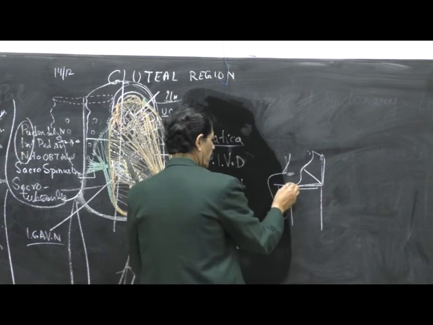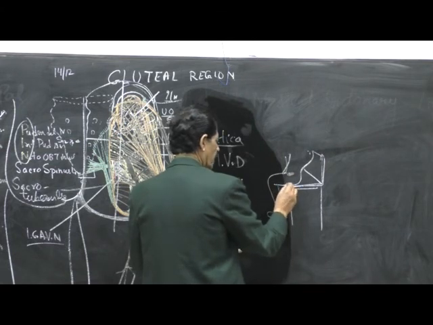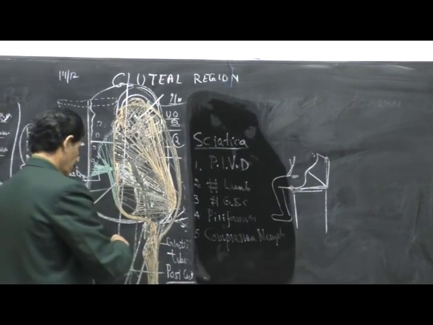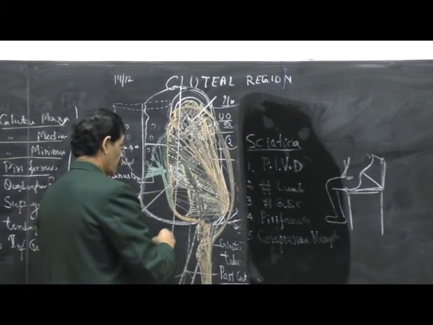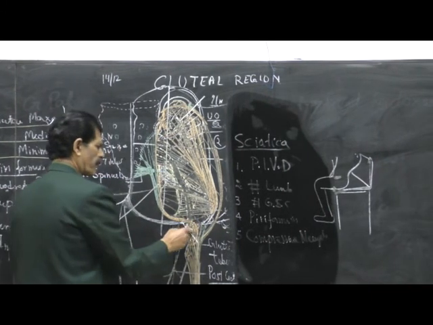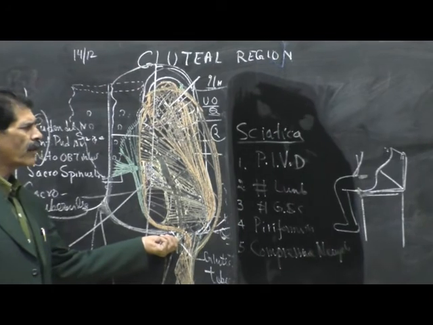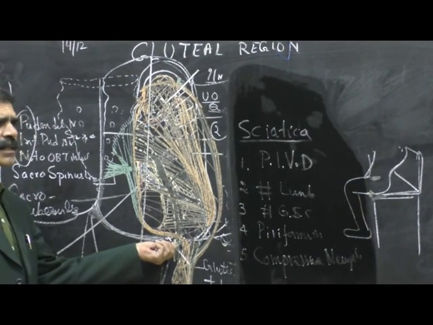Because you know, below the lower border of the gluteus maximus, the sciatic nerve has no muscle covering it. It is naked here. So the edge of the hard chair will press this point. This point is pressed by the wooden chair or any hard chair on which the patient is sitting at the edge.